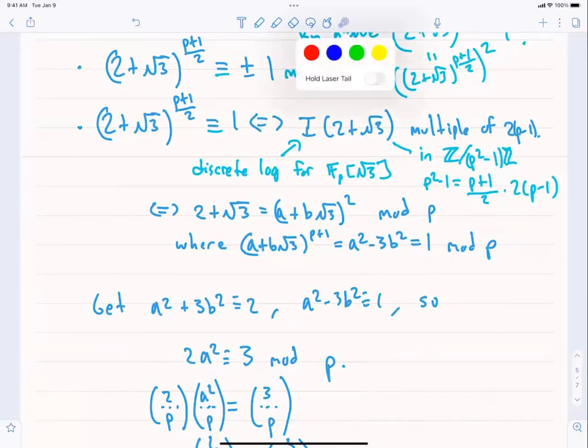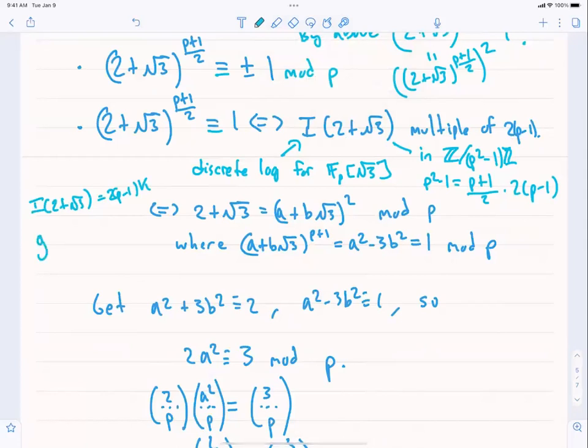But somehow the fact that the discrete log is a multiple of 2 tells you it's a square. Since it's a multiple of 2 times p minus 1, you could write it as a multiple of that. So let me just write this down. The discrete log of 2 plus square root of 3 is equal to 2p minus 1 times k. So if I take g to the k times p minus 1, squared, where g is my primitive root, I will just get 2 plus square root of 3.